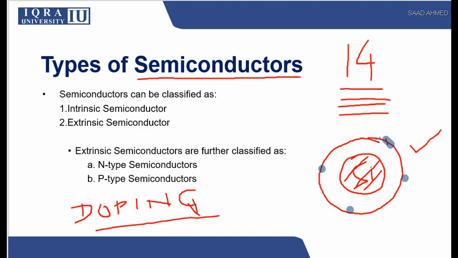And by doing this we basically convert the pure semiconductor, which is also known as intrinsic semiconductor, into impure, and that is extrinsic.